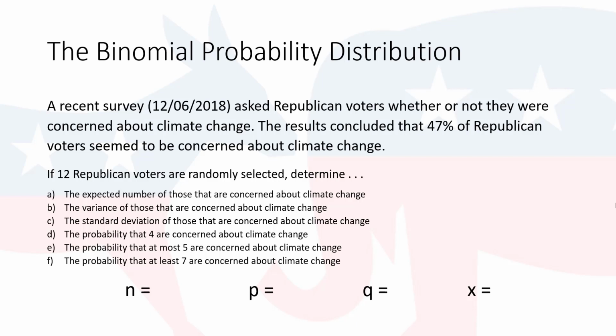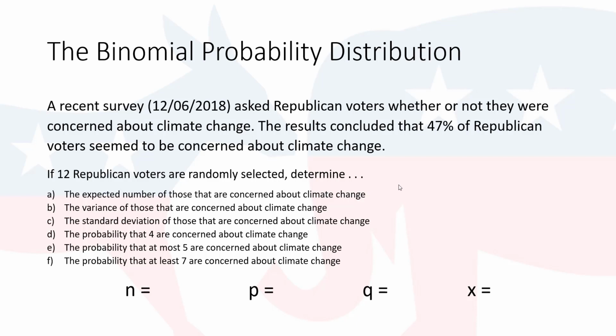A recent survey asked Republican voters whether or not they were concerned about climate change. The results concluded that 47% of Republican voters seemed to be concerned about climate change. If 12 Republican voters are randomly selected, determine the expected number of those that are concerned about climate change.